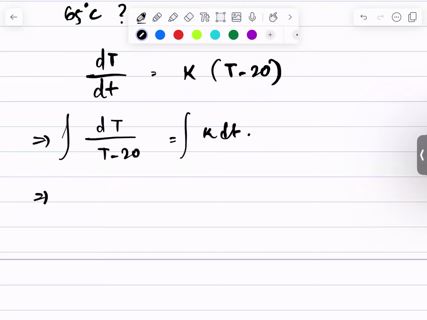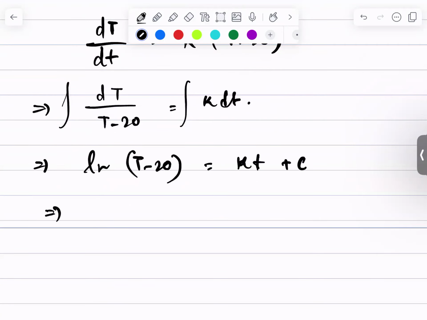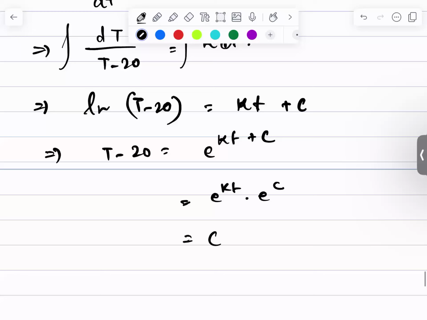Then integrate it to get ln T minus 20. Again, I'm avoiding the modulus. And then T minus 20 is the same as e to the kt plus c, which is e to the kt times e to the c, which is just C prime e to the kt. So T is the same as C prime e to the kt plus 20.